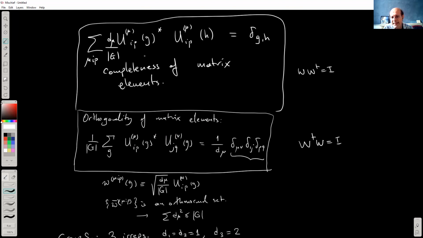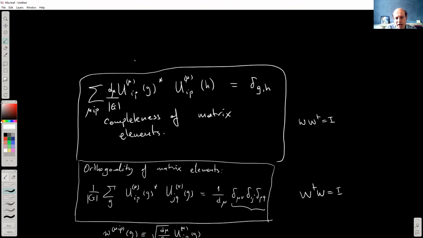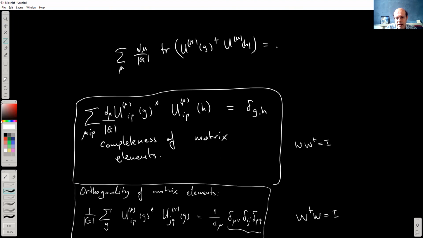Does this give us anything new in here? It isn't really. We can work this out, but we don't get anything rich in here. So let me show it like this. The summation over i and p basically corresponds to a trace. That's the trace of U mu of G dagger, U mu of H, which has to be equal to delta GH.